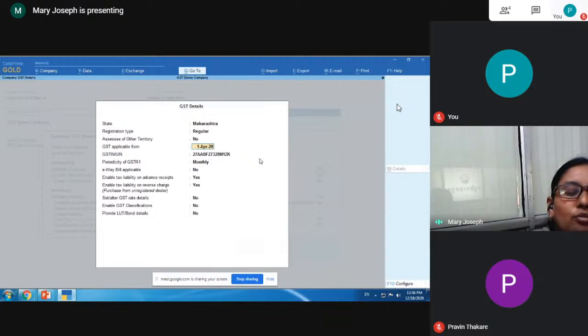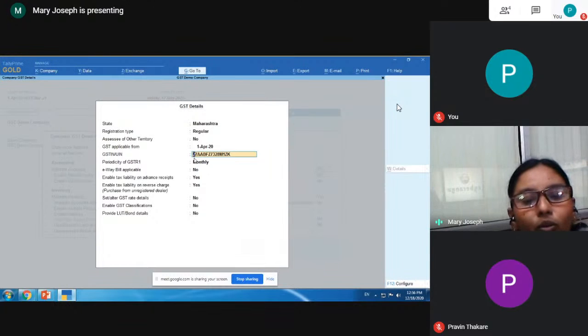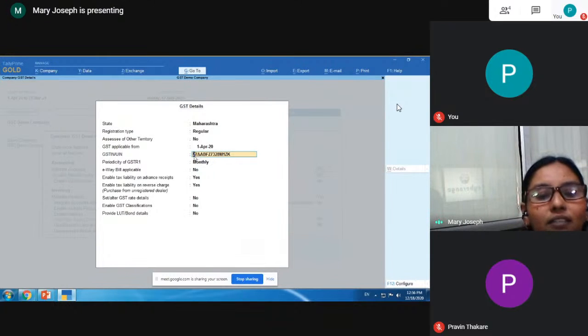GST applicable from 1st of April. Now write down the GST number, which is a combination of 15 digits alphanumeric. The first two digits are the state code. 27 is the state code for Maharashtra.